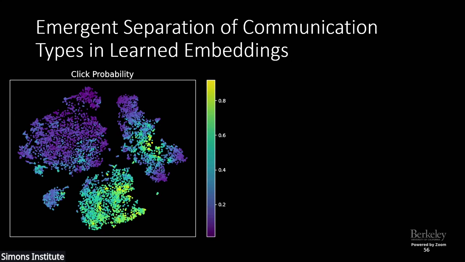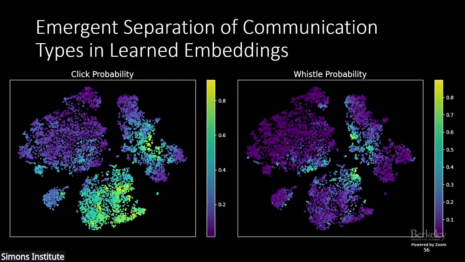This one is the probability that there's a click somewhere in this data set, and you kind of see these clicks clustering in this little group down here, some up here. Likewise, the same t-SNE plot, I'm going to highlight it for whistles, and you can see whistles cluster in different aspects of this embedding space. So you can start to see this emergent separation of different communication types when you look at these embeddings. But it's hard to make heads or tails of.